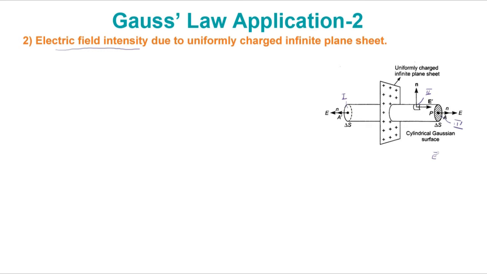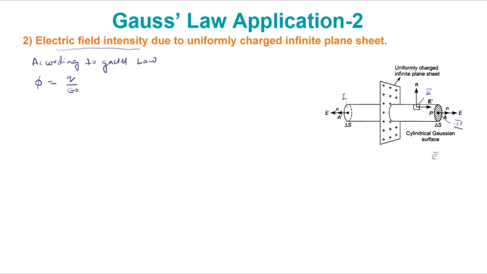Then what we have to do? Apply Gauss law. According to Gauss law, as you know from the previous problem we did, the outward flux is equal to 1 by epsilon naught times the charge, or Q by epsilon naught.